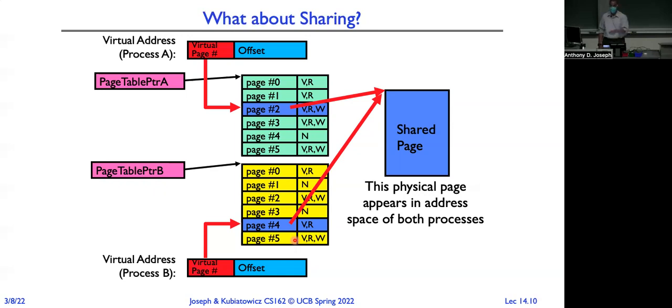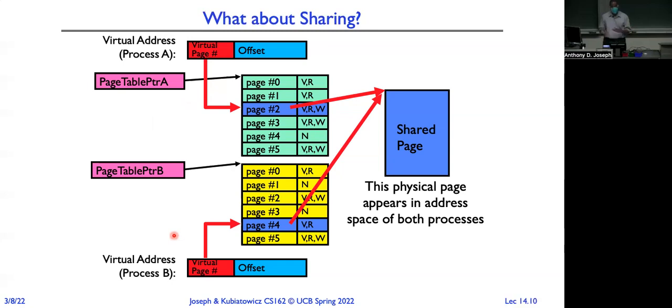Exactly. We'll have different virtual addresses that are pointing to the same physical addresses, which means if we have objects that, say, process A creates that have pointers, those virtual addresses for those pointers won't work when we look at it from process B's point of view.